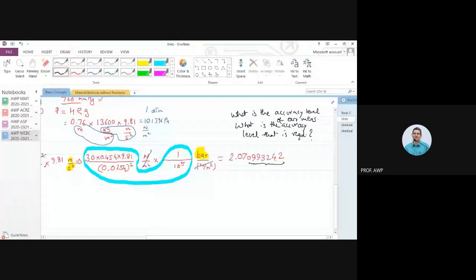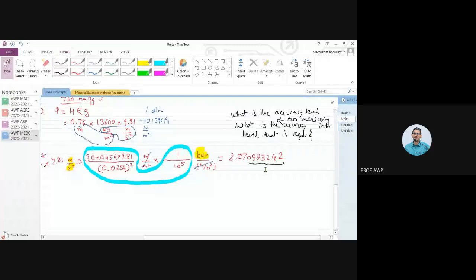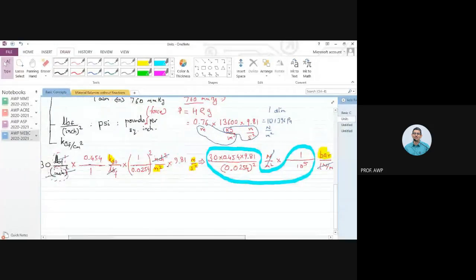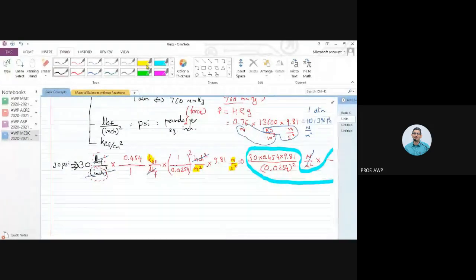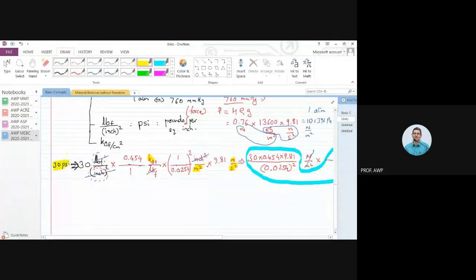What is the quantity that we are measuring? We are measuring psi, right? We have measured, let's say, pressure in a tire, and that is 30 psi. Now what is the accuracy of the measurement of this 30 psi? Suppose we have gone to a petrol pump and filled air in the tire, and the dial says 30 psi.